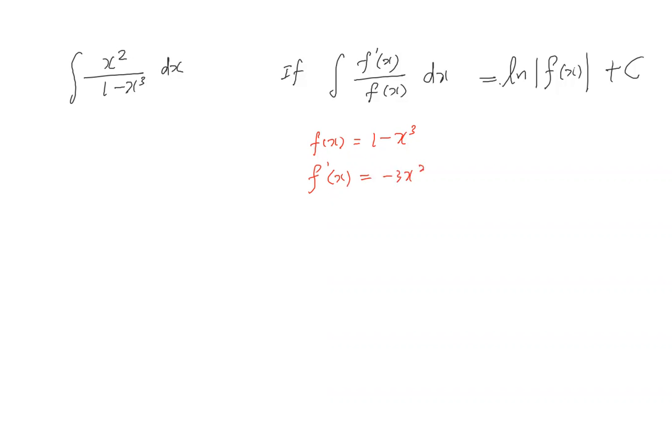But is there a negative 3x squared there? No. There is a 1. So I ask myself, 1 times what will give me, or I should say negative 3 times what? That will be better. Actually, both also can, okay? Negative 3, because here I got negative 3. So I ask myself, negative 3 multiplied by what will give me 1?